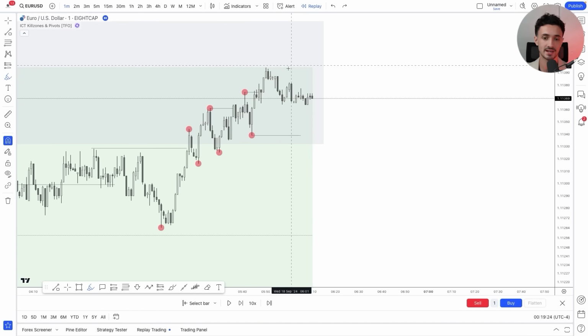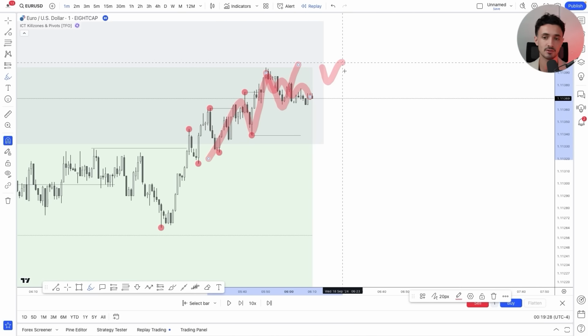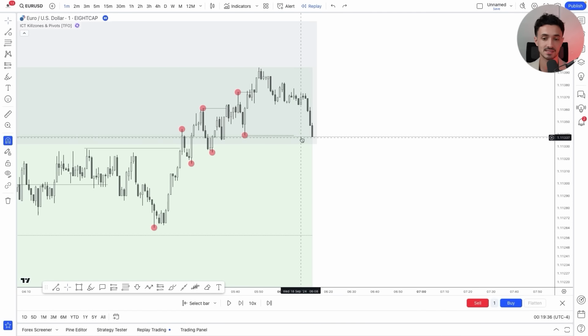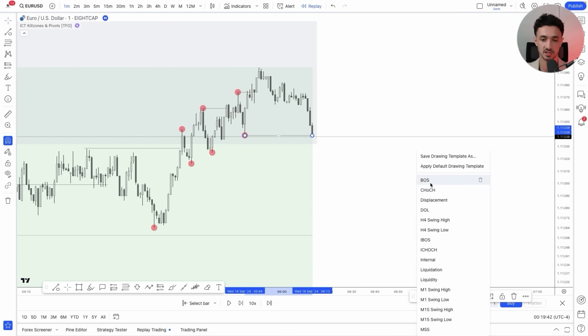Essentially, when price starts ranging and not just moving, as I've already explained, we are entering a battle between supply and demand, because there are lots of orders transacting at this one level. And then you can see the aggressive sellers come out on top of the market, and we break the low, right? That is our market structure shift.